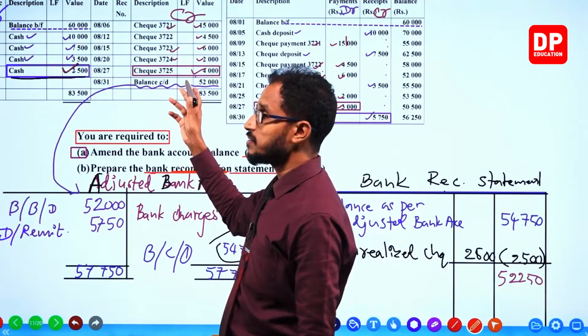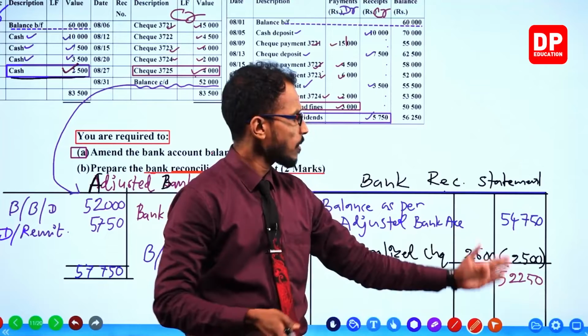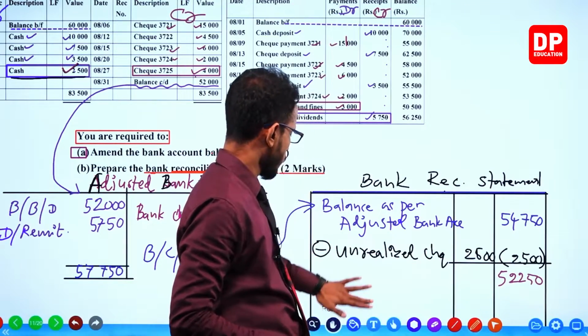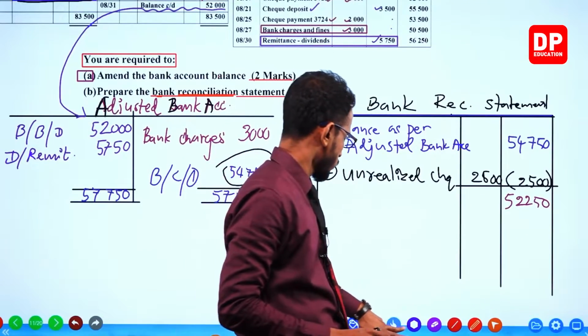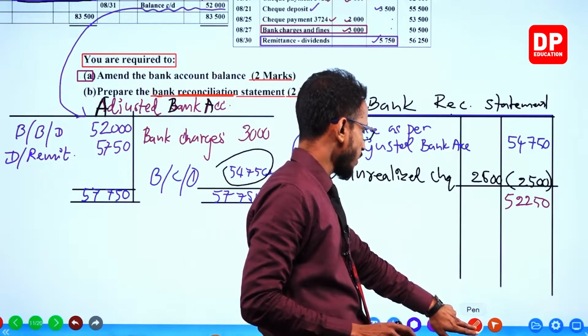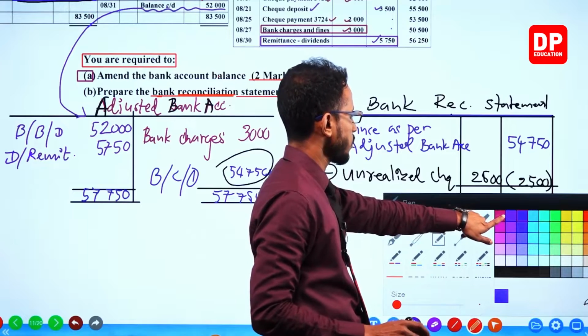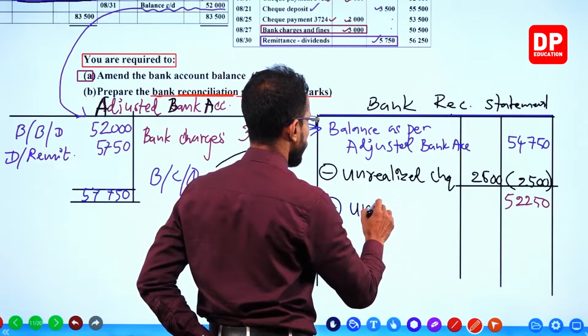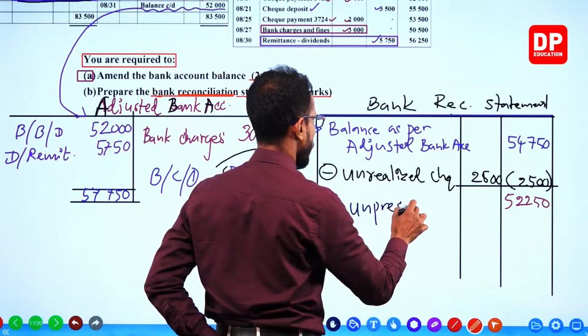Just because they are deducted, we can add them back to get the bank statement balance here. Add them back in this statement. Add unpresented, issued but unpresented.